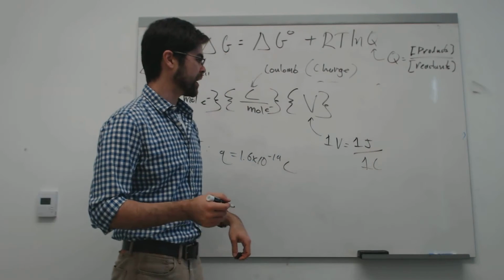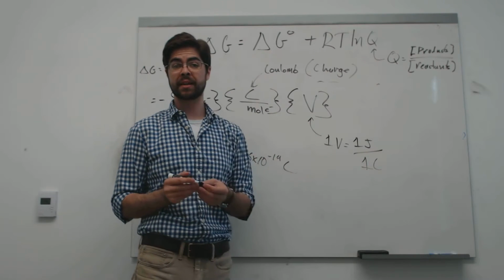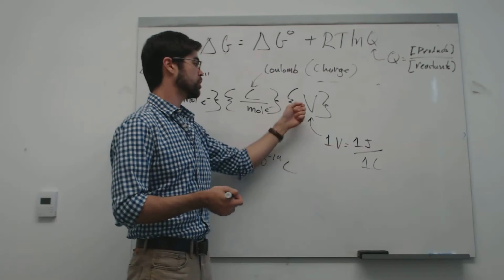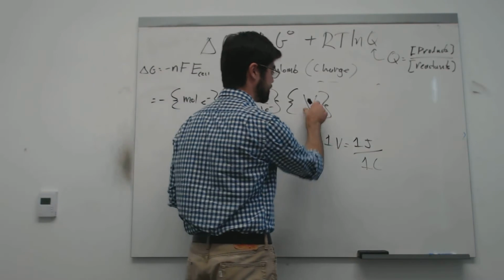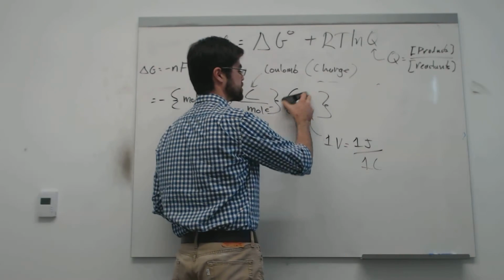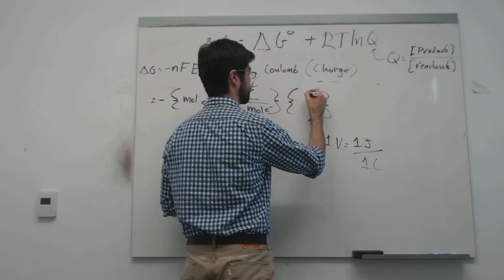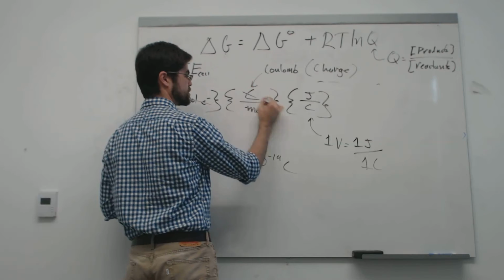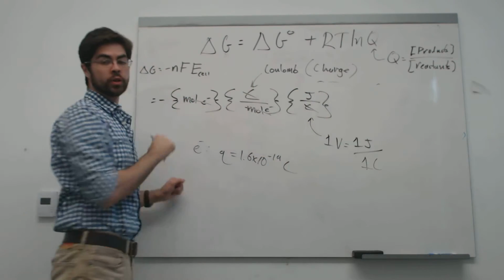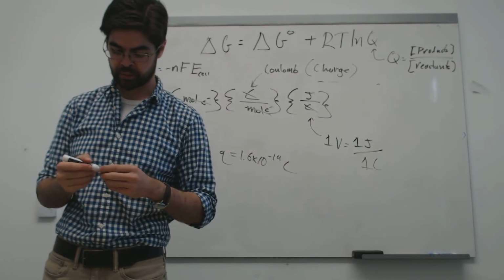It's how much energy you pick up by passing a coulomb of charge through this voltage drop. So with that in hand, this has units of joules per coulomb, and all of my units cancel out, and I'm left with units of joules for free energy, which is what I expect.